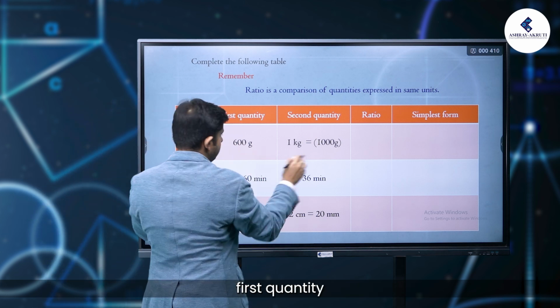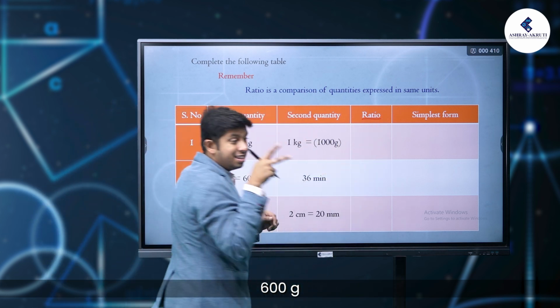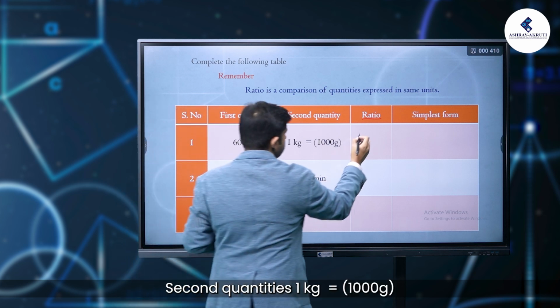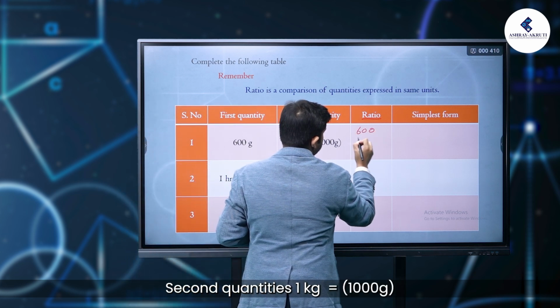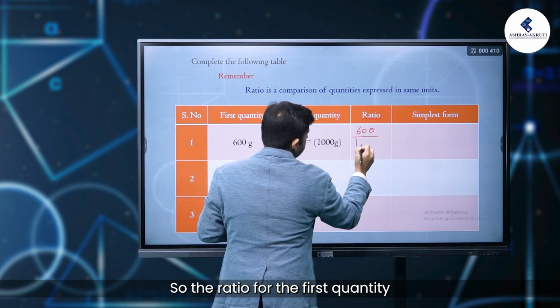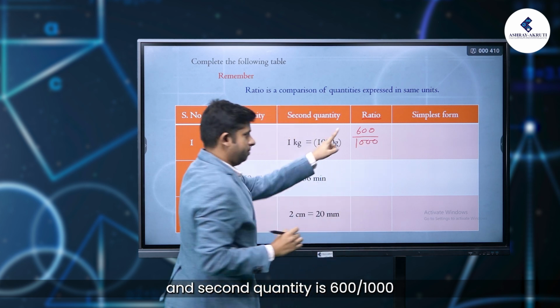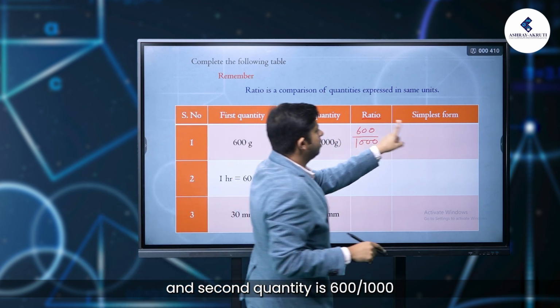First quantity, 600 grams. Second quantity is 1 kg equals 1000 grams. So the ratio for the first quantity and second quantity is 600 by 1000.